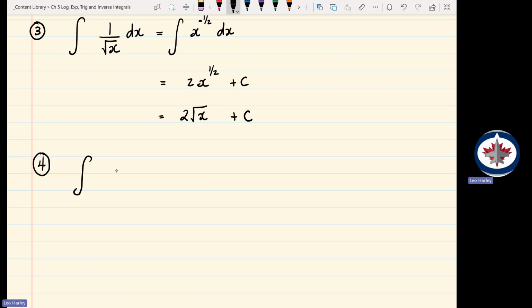The integral of 1 divided by the square root of 1 minus 2x dx.